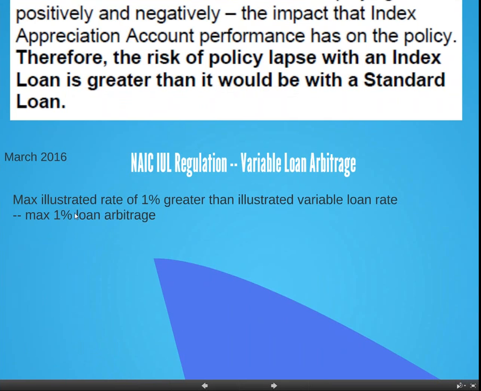Right now, it can be pretty much anything the carrier wants to show, up to several percentages. But what they're going to do is say that you can only illustrate a maximum of 1% greater than the variable loan rate for everything that's loaned out. So that's going to minimize the amount of arbitrage going on. And what it's going to do is make variable loans look not quite as fantastic as they do right now. Probably a really good thing for the client overall.